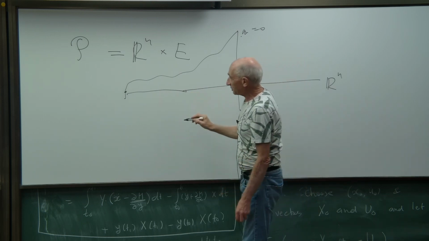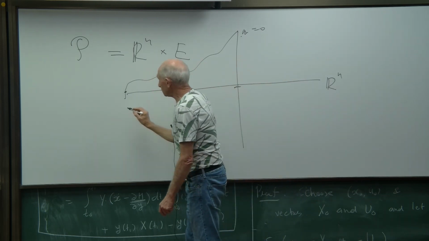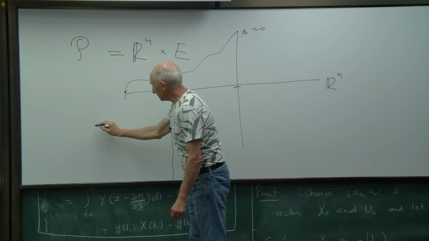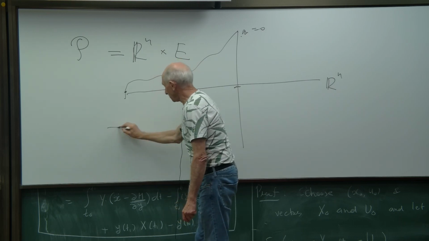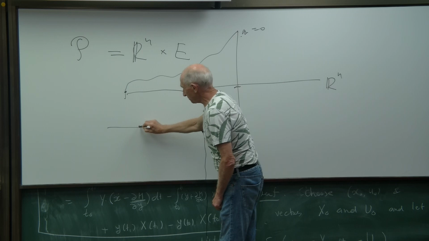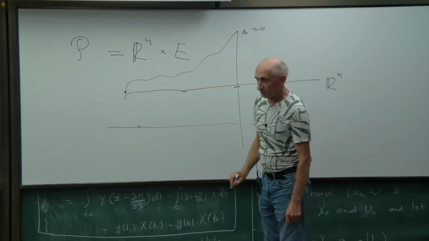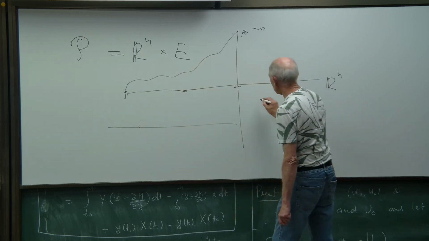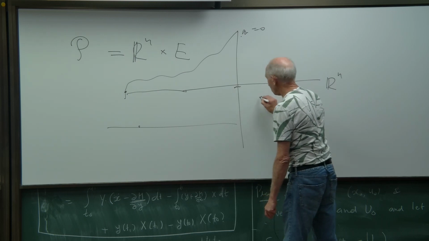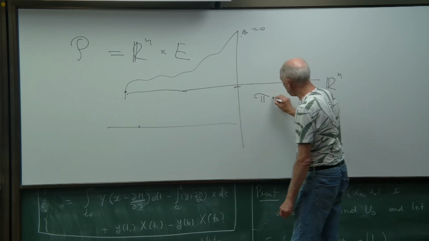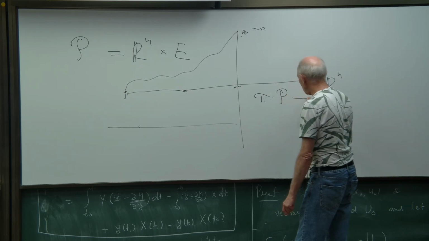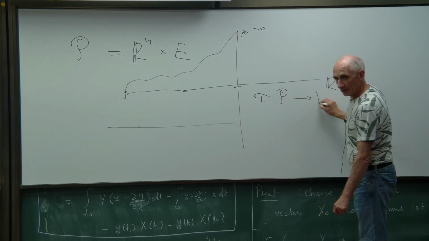Now if I have any path which starts at some point, you do the following. You take a projection of our space P to Rn.